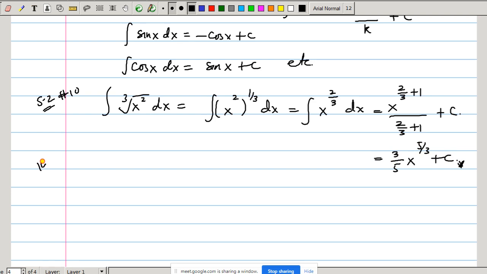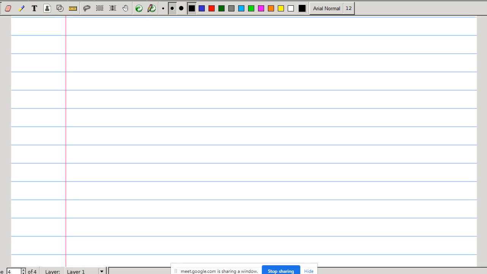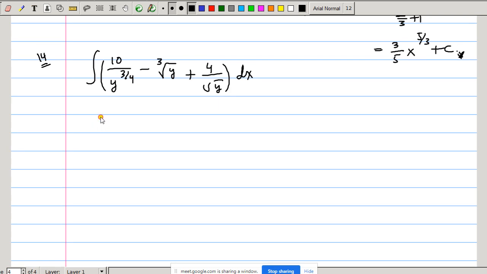Now if you do 14, there is 10 over y to the power 3 by 4, minus cube root of y, plus 4 over square root of y. If you have this, then I will use the properties of integration. Properties of integration say that 10 is a constant, so you can write the first integration separately.